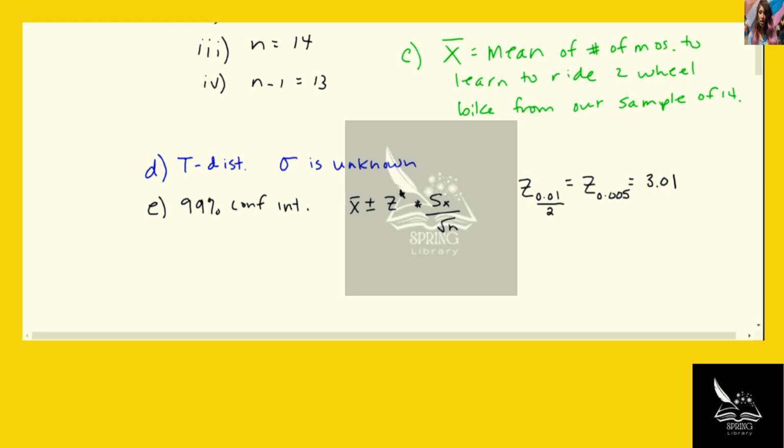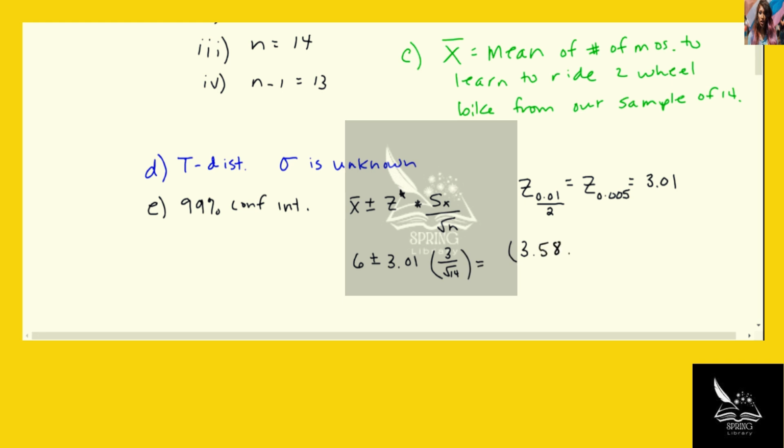So then I can substitute the values that I know: 6 months plus or minus my z value of 3.01 times 3 over the square root of 14.